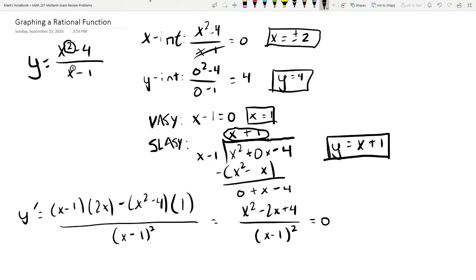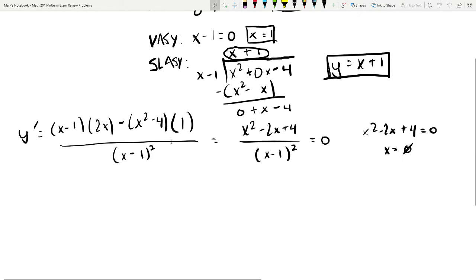So this is the same as setting the numerator equal to 0 as before. And actually, this doesn't give us any solutions. You can double check that with the quadratic formula if you want, but the derivative is never equal to 0.